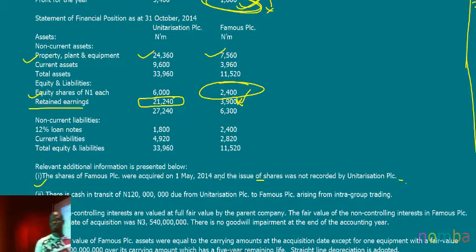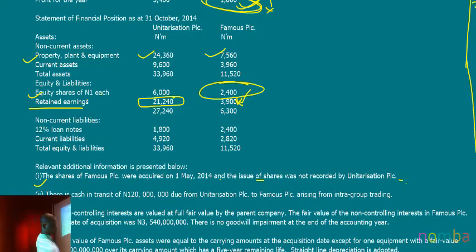Items of assets, liabilities, and equity are not prorated. So we are going to consolidate fully, even though we acquired the subsidiary during the year. So I will add 24,360 to 7,560. The addition of the two gives me 31,920.